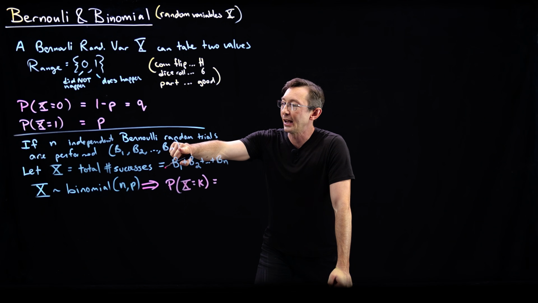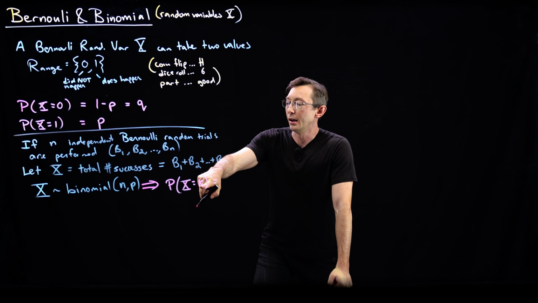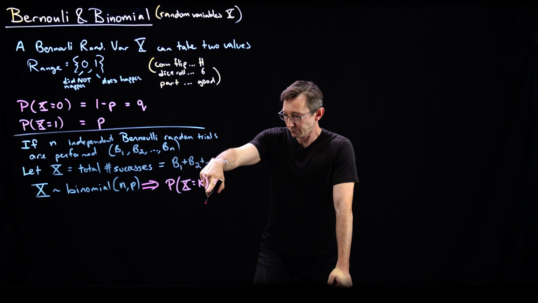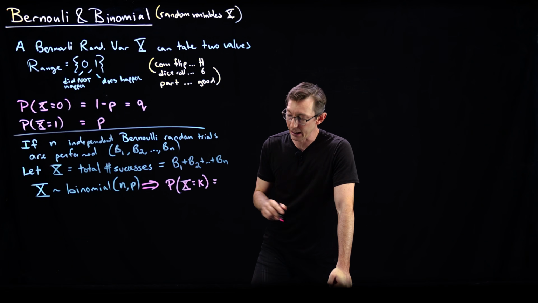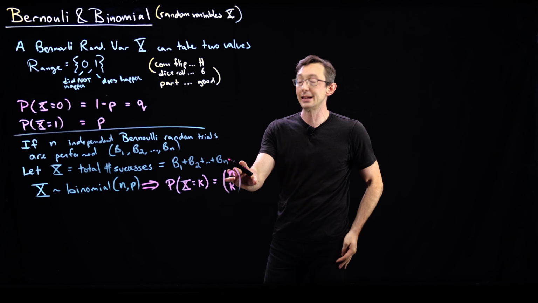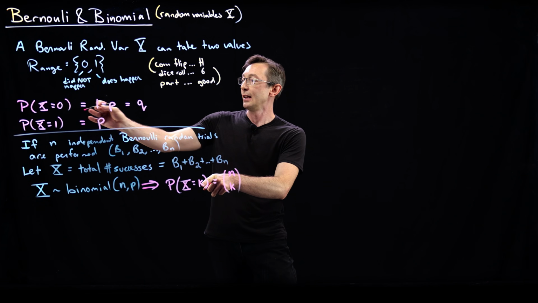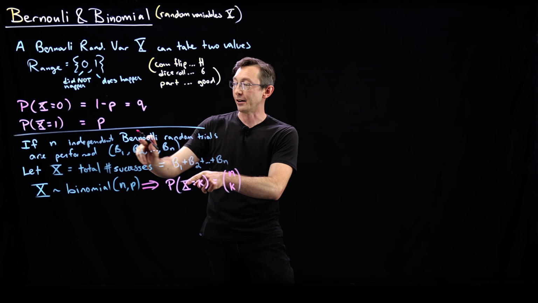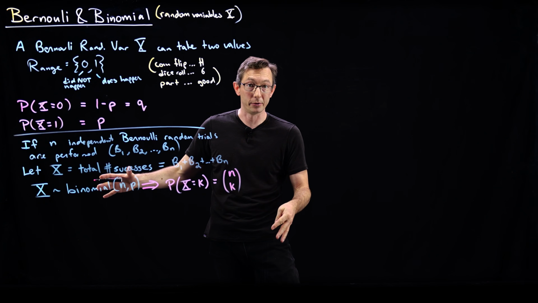The probability, if I have n coin flips, of getting exactly k heads, was n choose k. This is the number of ways I can get k successes out of n Bernoulli random variables.